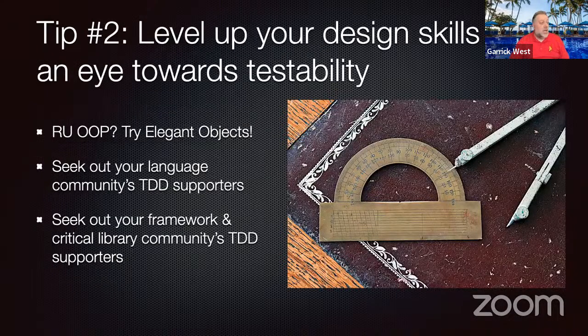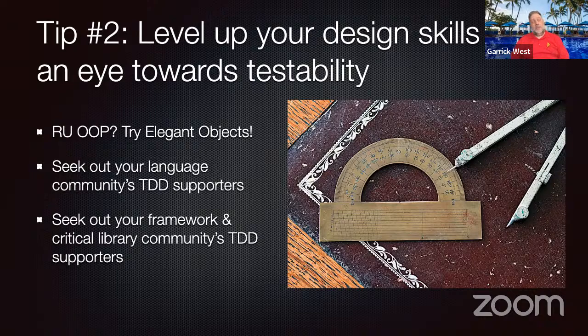Tip number 2, level up your design skills. These are a few favorites. If you're doing OO stuff and you're not familiar with the book series Elegant Objects, strong recommendation for Elegant Objects. Great book series.